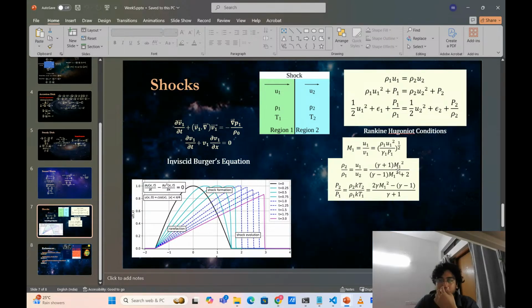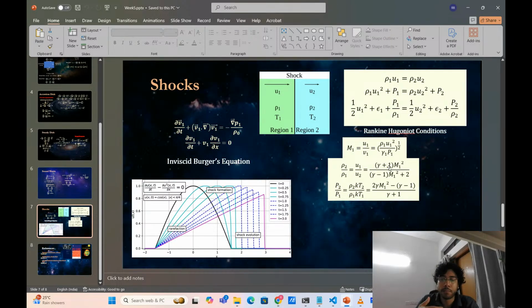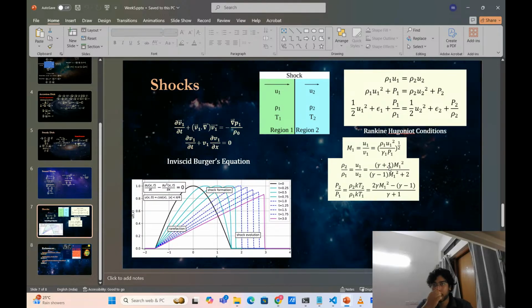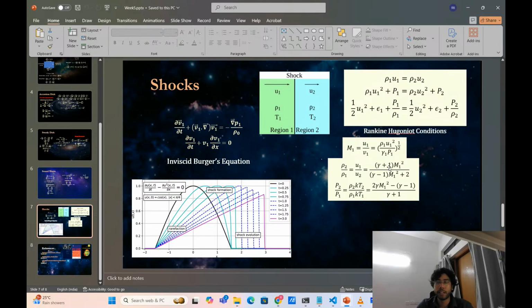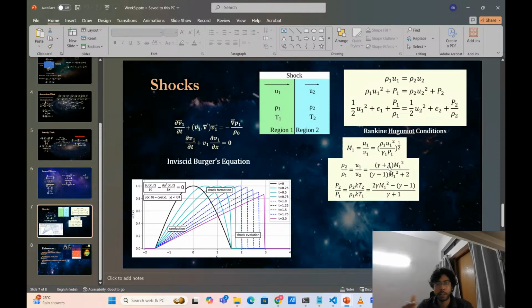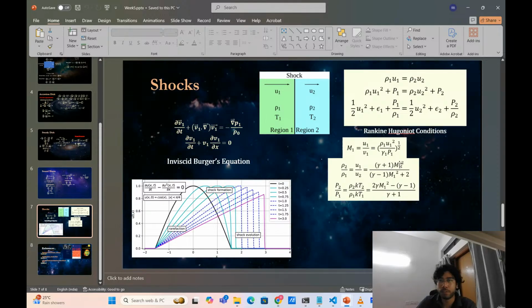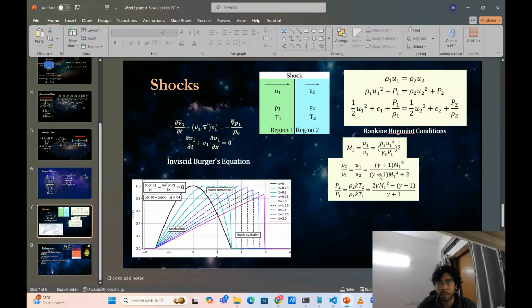So for example, if you take M1 tends to infinity, that basically means that the Mach number of the shock wave front is very high. So the shock wave is propagating at very high speeds, very high Mach numbers. If M1 tends to infinity, this will reduce down to gamma plus 1 divided by gamma minus 1.